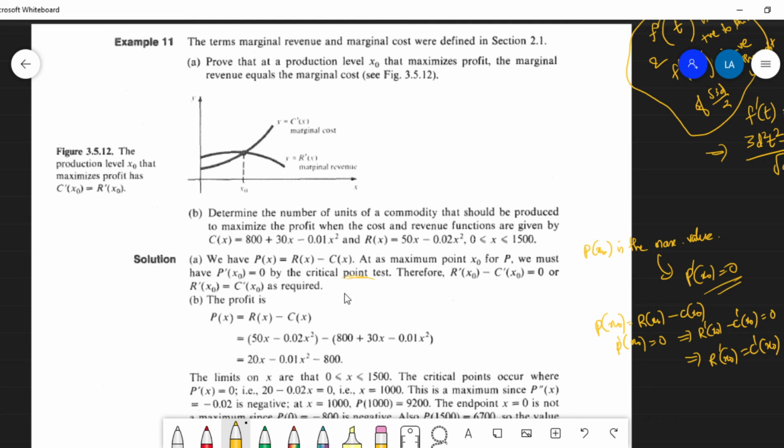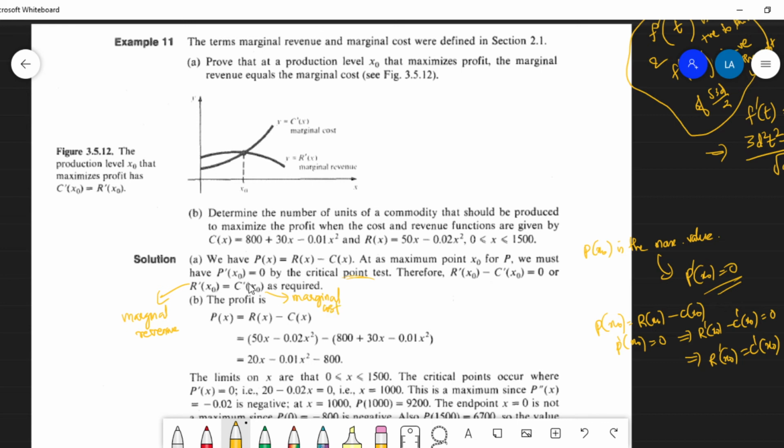Okay, so that is the marginal revenue and the marginal cost. As earlier mentioned, don't panic hearing the words because they are just simple. Marginal revenue is just the derivative of the revenue function, and marginal cost is nothing but the derivative of the cost function.